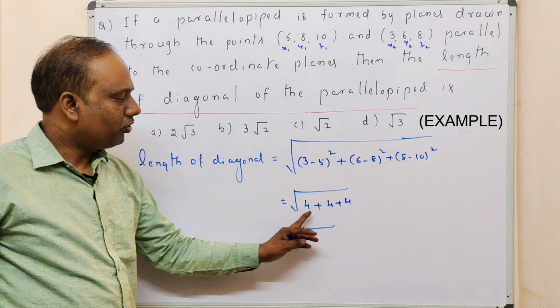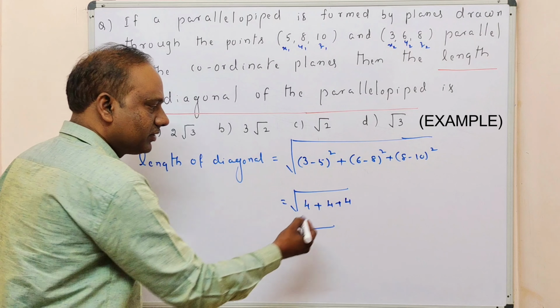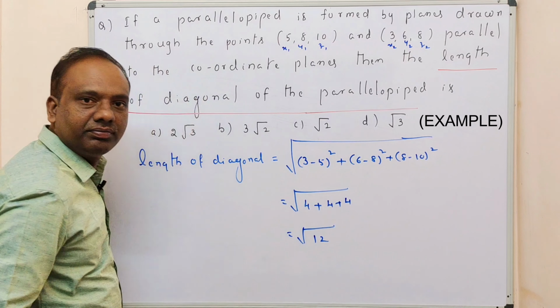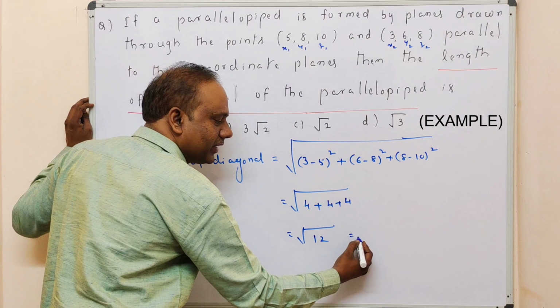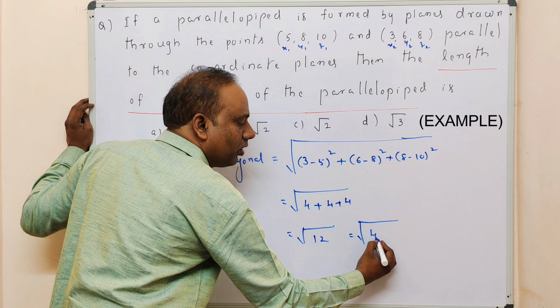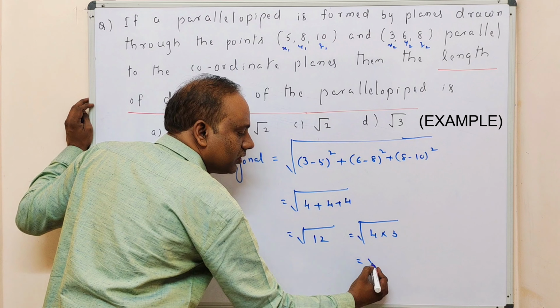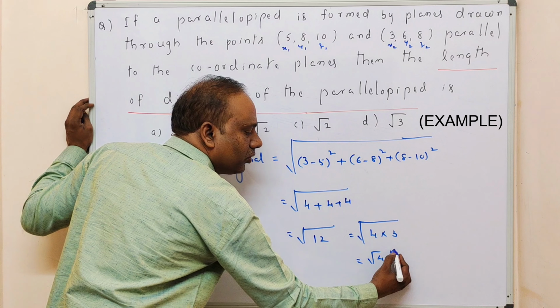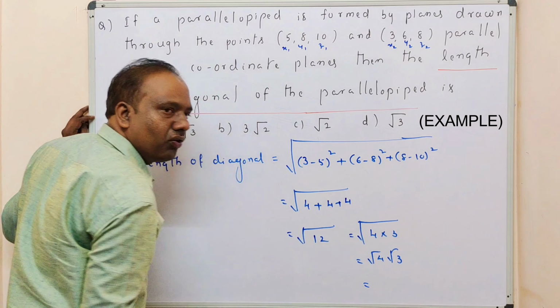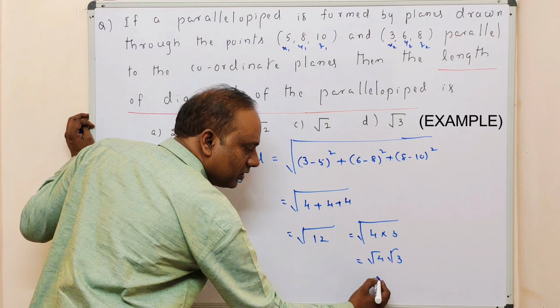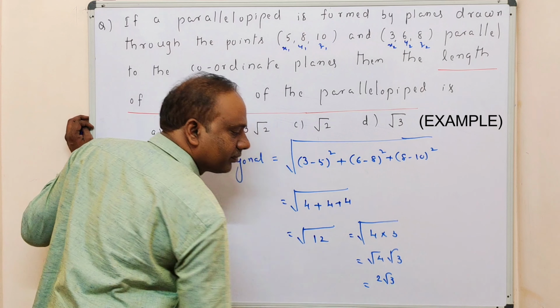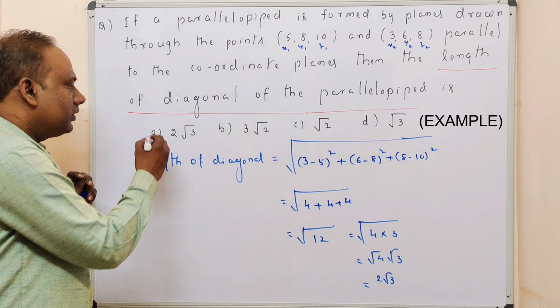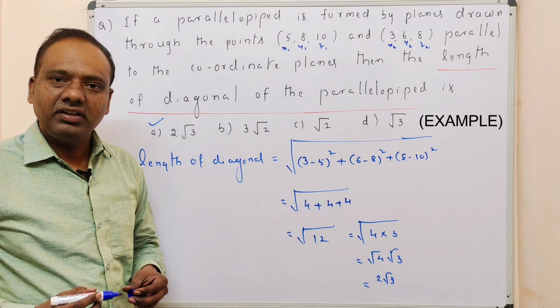Here 4 plus 4 plus 4 is 12. So it can be written as what? Root of 4 into 3. So it is root 4 into root 3. So root 4 value is 2 actually. So 2 root 3. So here option A is the correct answer.